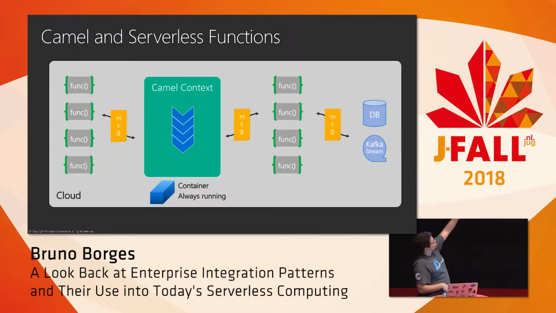Maybe a message is processed in a function in a serverless environment, which is outside Camel. And then maybe the message goes to Kafka or a database. But the point is, Camel works as the orchestrator of your message, of your payload. And the business logic is not implemented inside Camel, just the message flow.